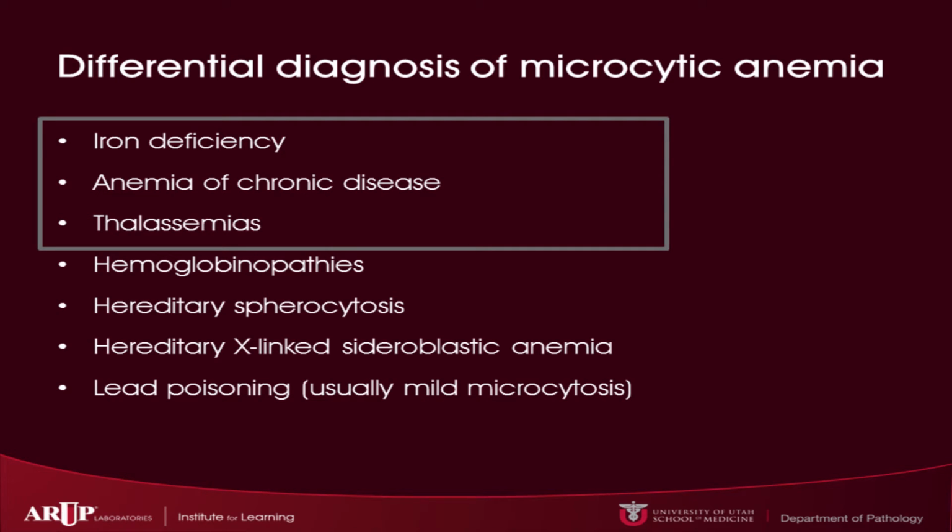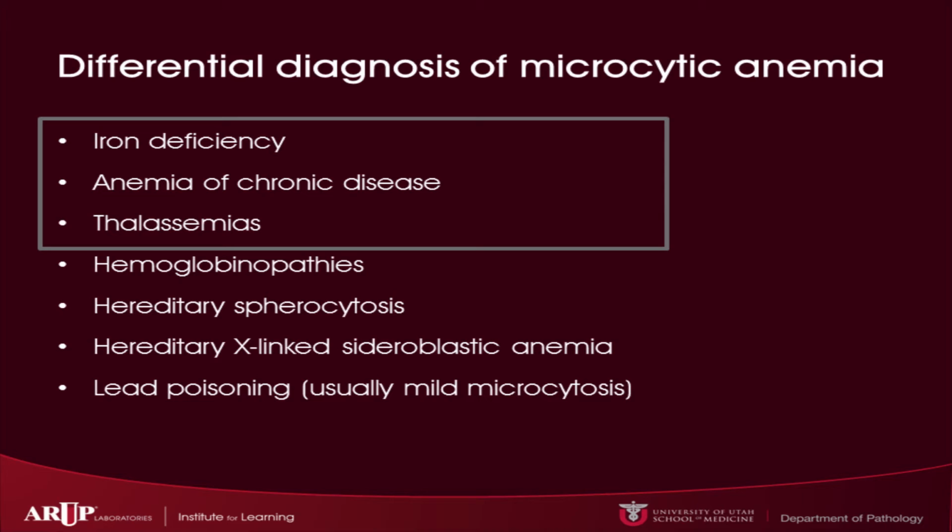And hereditary spherocytosis, we do see that quite often. We'll talk about that. But hereditary X-linked sideroblastic anemia and lead poisoning are rare, but all six of them come under the differential diagnosis of microcytic anemia.